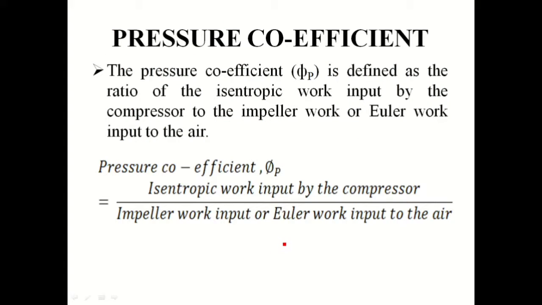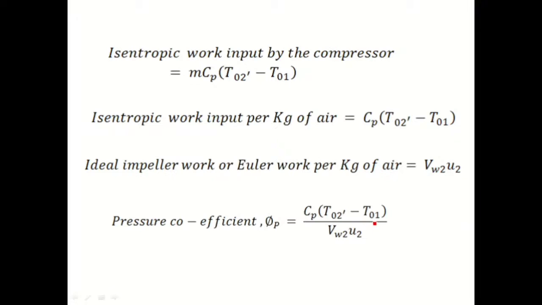The next term is the pressure coefficient, represented by phi P, defined as the ratio of isentropic work input by the compressor to the impeller work input or Euler work input to the air. In the numerator we take the isentropic work input, m Cp into T02 dash minus T01. Why T02 dash?